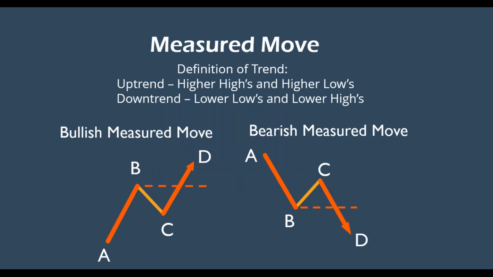Measured moves, first of all, the classic definition of an uptrend is higher highs and higher lows. Classic definition of a downtrend is lower lows and lower highs. Well, a bullish measured move is when the price comes down and comes up from A to B, then pulls back to C. It makes a higher low and then makes a higher high when it crosses the threshold at B. This is a confirmed measured move to the upside.